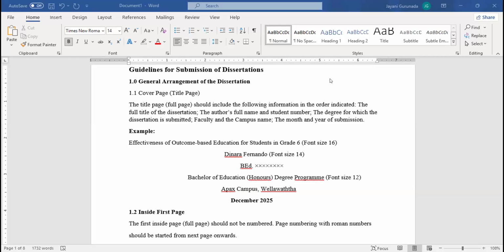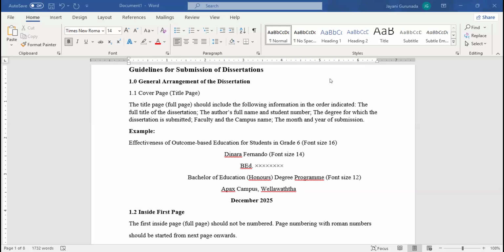First, the cover page. The title page, the full page, should include the following information: the title, your topic, then your full name, your student number, the degree program, then your campus.